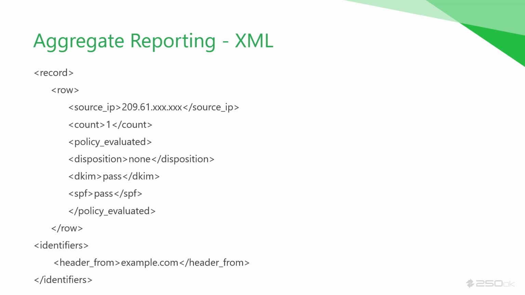You'll see the number of messages that they received for that IP address on that day, and the policy. So did they have any type of disposition applied to them, in regards to were these forwarded or not? And then did the messages pass your authentication?